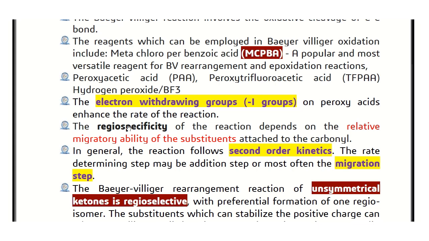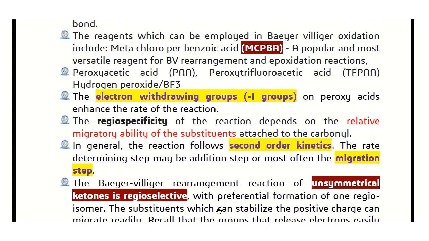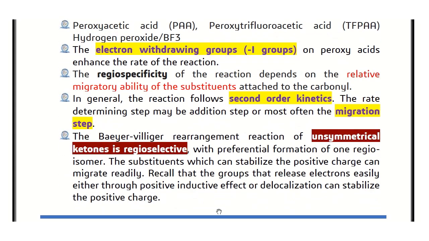So for the unsymmetrical ketones, the Baeyer-Villiger oxidation reaction is usually regiospecific, meaning it will cause the migration of that alkyl group which will stabilize the positive charge on the oxygen, because in the reaction mechanism you will observe that a positive charge will be created on the oxygen, which is basically an instability parameter.